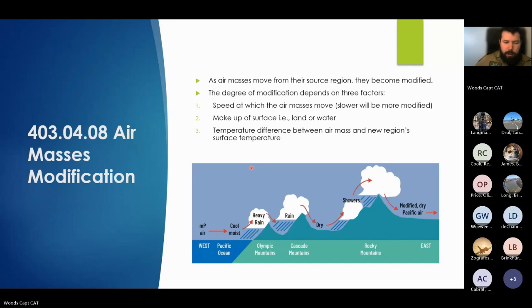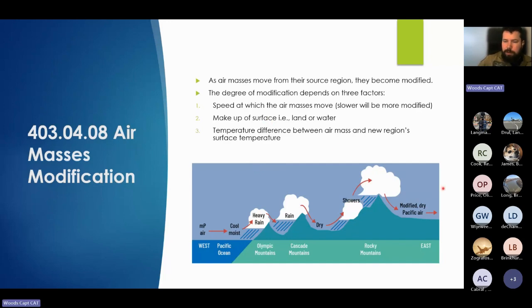It can be modified in varying amounts. If it's passing very slowly through an area, it's going to be modified more because it's going to spend a long time in that area. So if an air mass spends a long time over the ocean, it's probably going to pick up a lot of moisture.